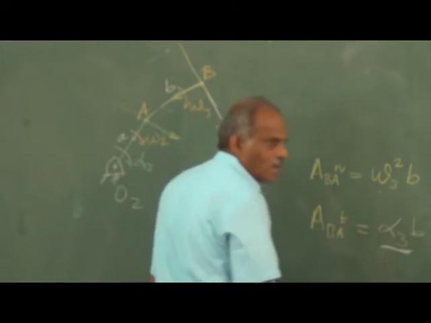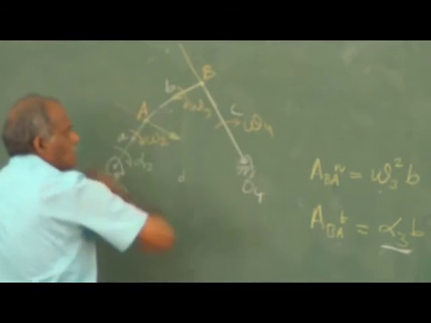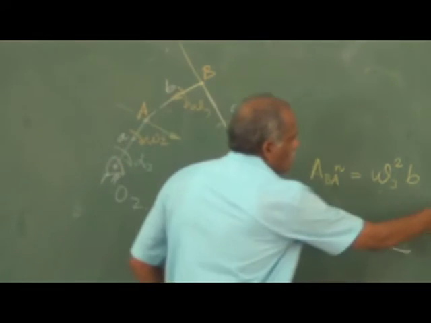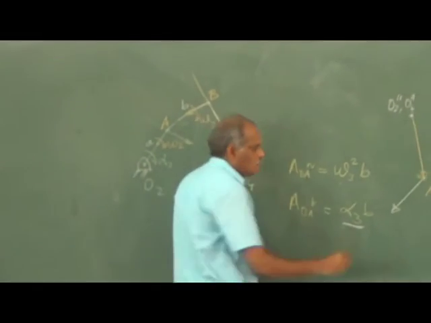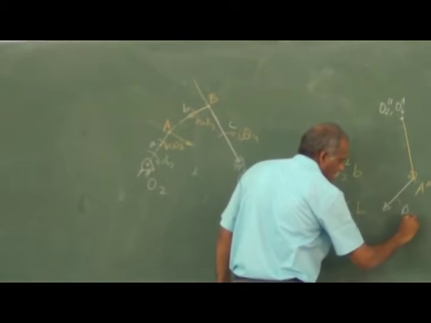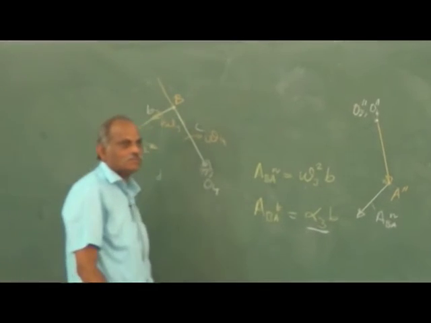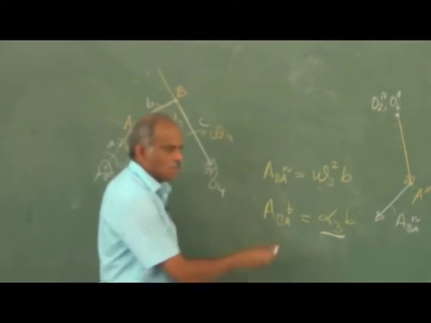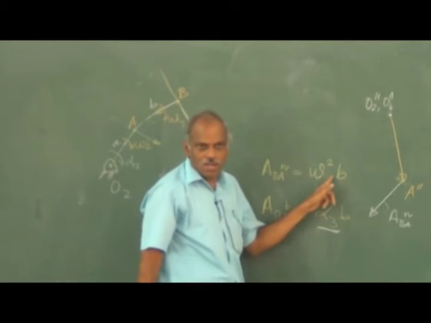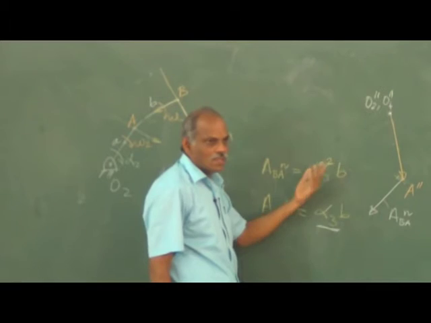So if I compute omega 3 square times B, this is my direction. So I can draw a vector like this, which is nothing but acceleration of B with respect to A normal component, which is fully known. The direction is known, the magnitude omega 3 we have already found out by velocity analysis, B is a constant.